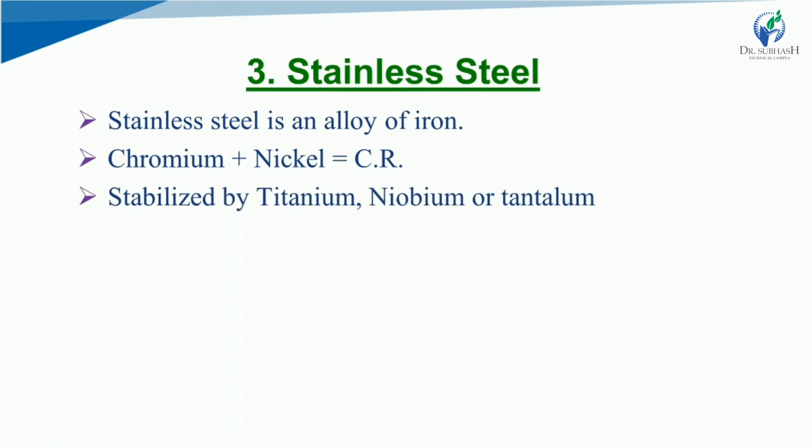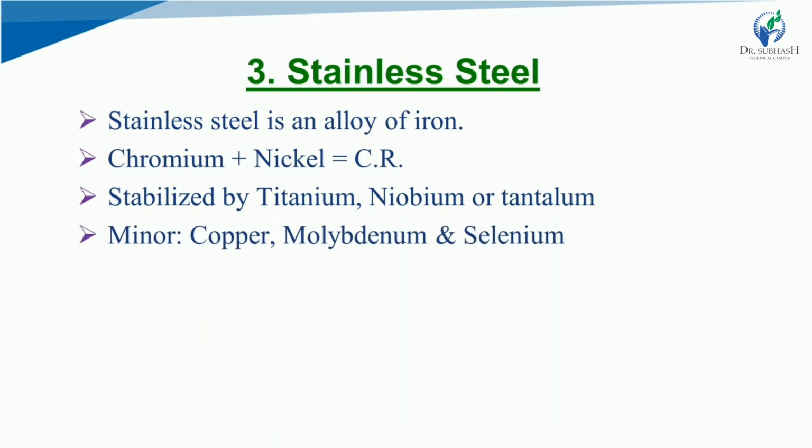It can be stabilized if you add titanium, niobium or tantalum. Please remember this, because sometimes it can also be asked as an MCQ or in the GPAT exam. In minor percentage, you will find copper, molybdenum and selenium. These elements will be helpful.